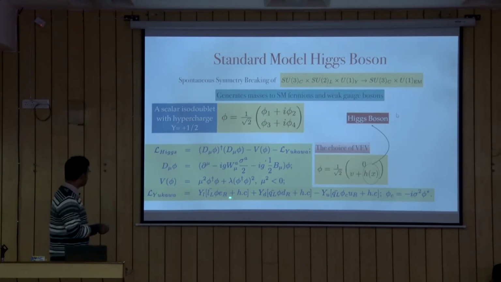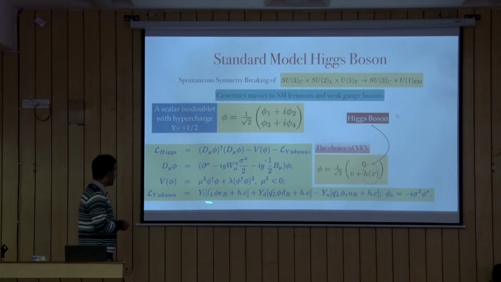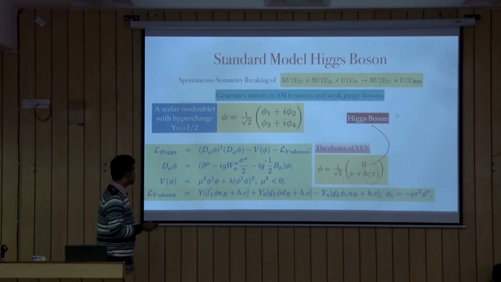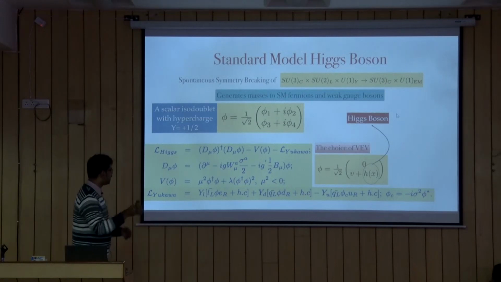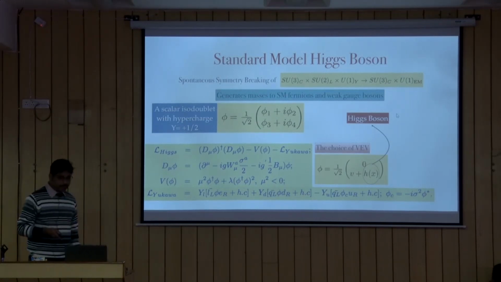Then we also have the Yukawa interactions, which, once you put the vacuum expectation value to this φ field, will generate the electron masses. For this term, you generate the down type quark masses. Via this interaction, you generate the up type quark masses. In the standard model, we do not add the right-handed neutrinos, but that story we have already talked about.